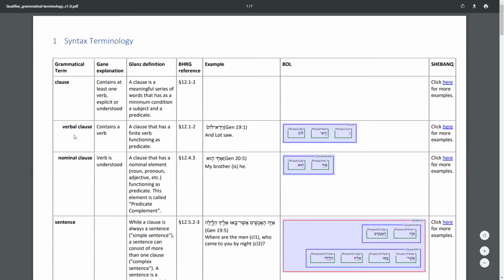The terms are listed here, and then there is an explanation provided by my colleague Roy Gane, and then an explanation of my own, and then there is a reference to an explanation in the Biblical Hebrew Reference Grammar of Van der Merwe. So if neither Gane's explanation nor Glanz's explanation is really helping, you can read paragraph 12.1 and 2 in order to get the explanation of what a clause is in the Biblical Hebrew Reference Grammar.